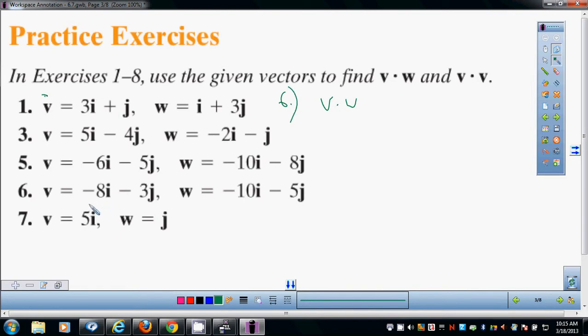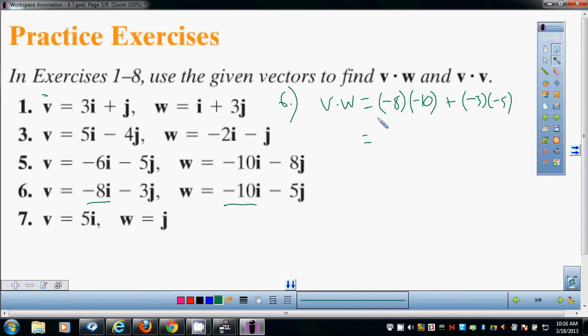V dot w. -8 times -10 plus -3 times -5. It's just the a's, which is the number being multiplied by the i, plus the b's, the number being multiplied by the j.